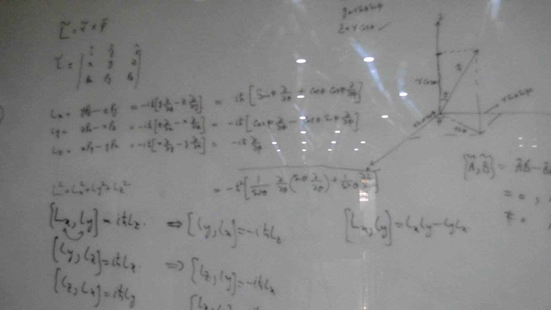Prove that this is equal to that; it is given in any basic book of quantum mechanics, usually in the form of a problem. You can look into the book and see how it is proved there.